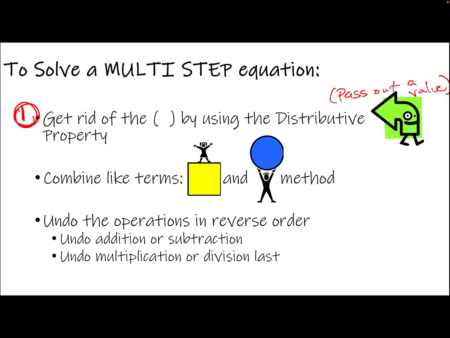Step 2, then you're going to get out the boxes and the circles. And you're going to look for like terms, and you're going to combine your like terms. Use those boxes, circles, squares to help you out there.